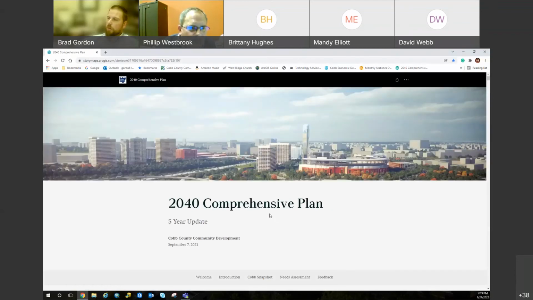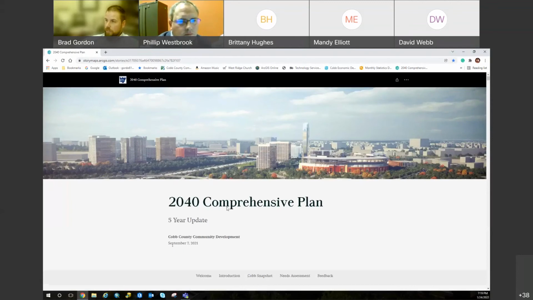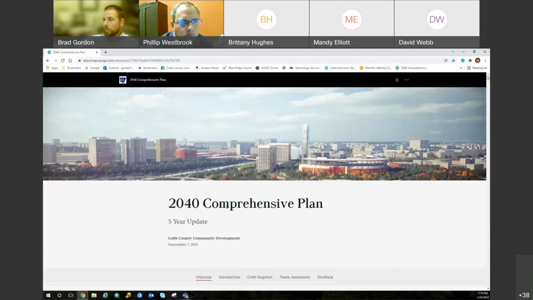And this pulls up our application, and this is a story map. This is an ArcGIS product, and it's a robust product. We've got a lot of information in here. We've got all the information that was gone through tonight, as well as a lot more information.